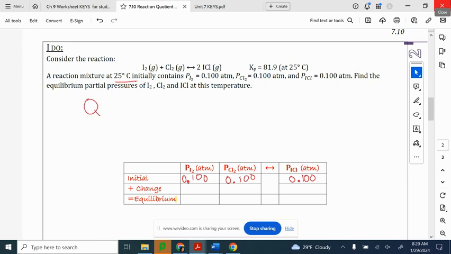So we have Q equaling. Is this reaction balanced? Not down here. They balanced it up here, but when they wrote it down here, they didn't have it balanced. So Q is going to equal 0.1 squared divided by 0.1 times 0.1.